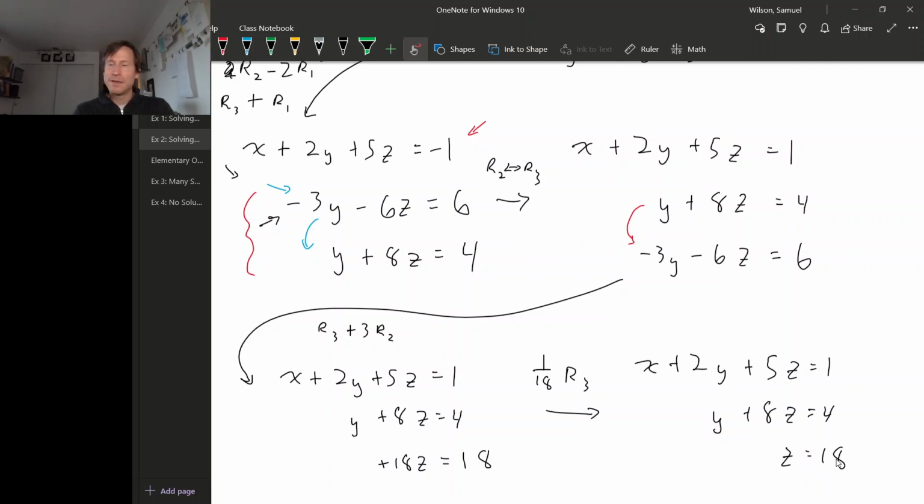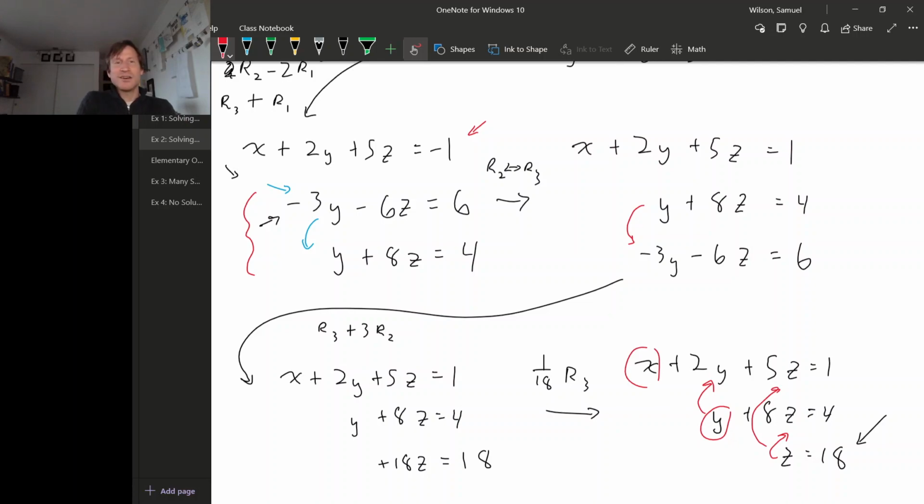18. Now at this point, when we know what one of the variables is, we can take that value for the variable and put it in the equation above. That'll let us solve for y, and then we can take our value for y and for z and put them into the first equation and solve for x.